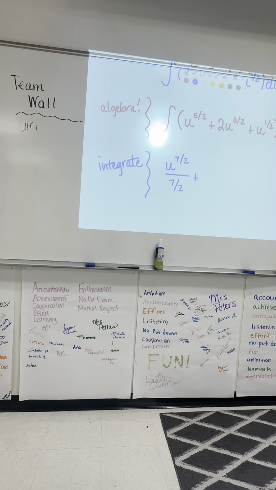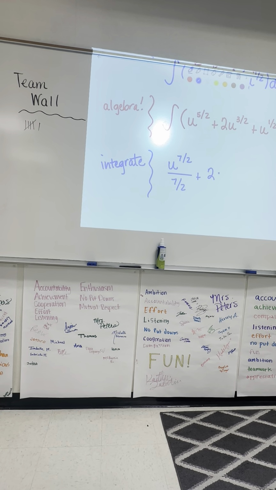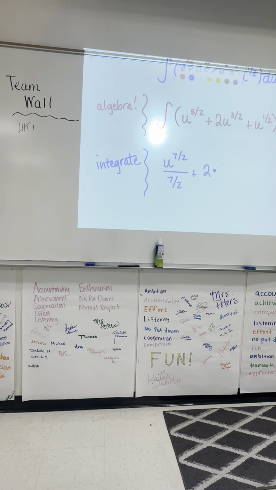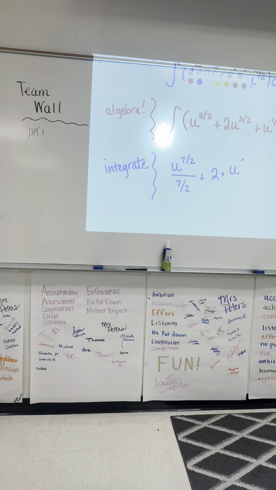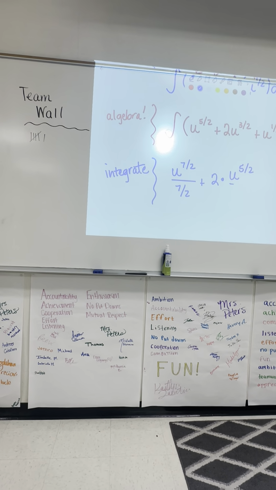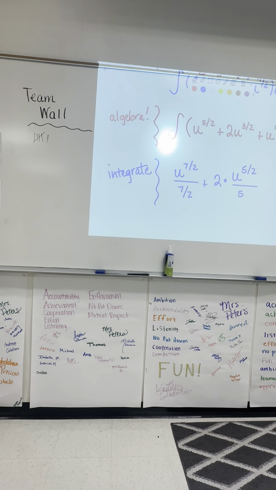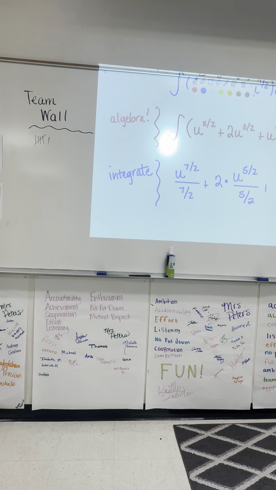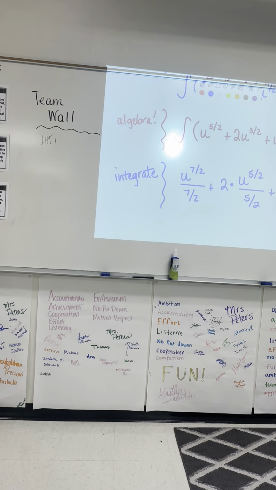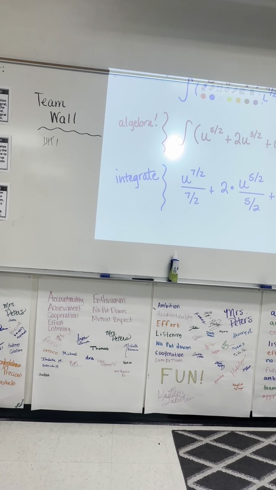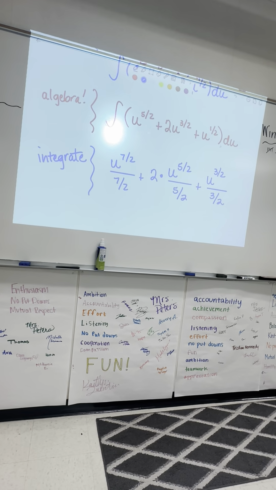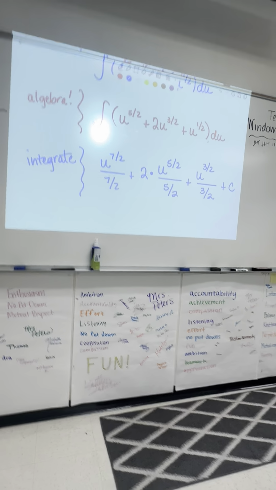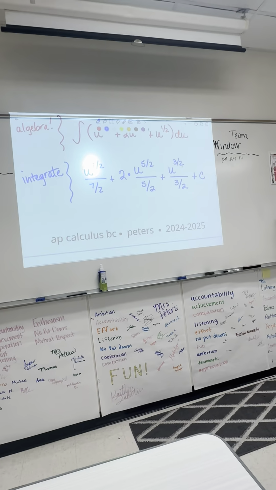How about u to the 3/2? It becomes u to the 5/2 divided by 5/2. How about u to the 1/2? Becomes u to the 3/2 divided by 3/2. Okay? Now you just clean it up.